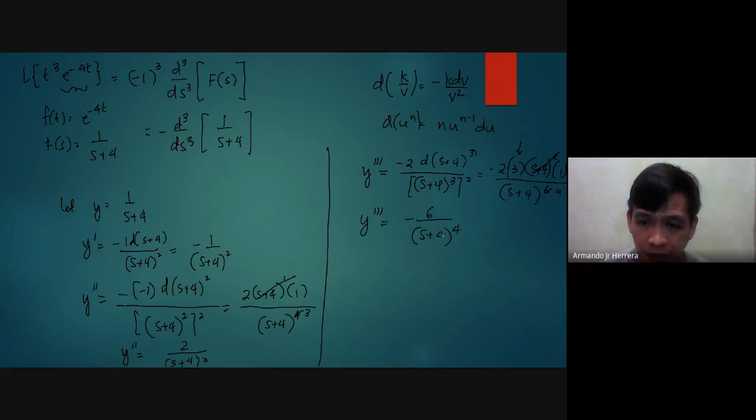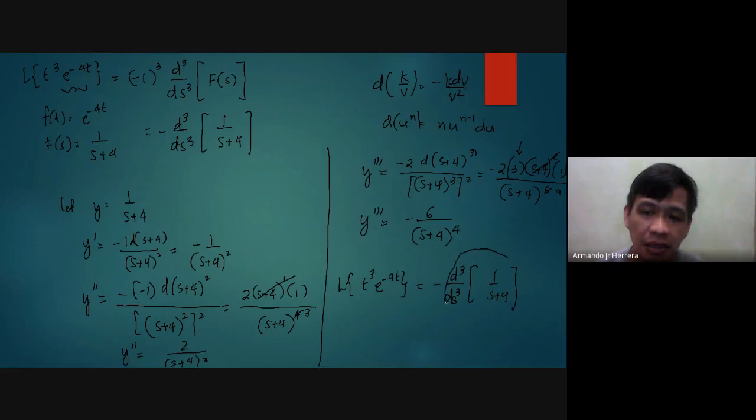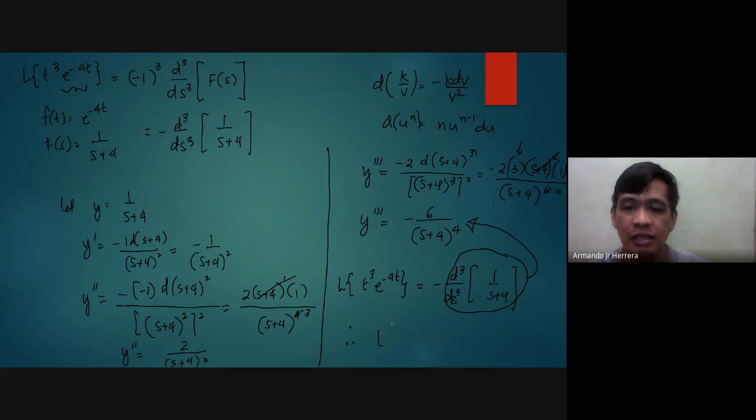Then again, since the Laplace transform of t cubed e to the minus 4t is negative the third derivative of that function with respect to s, 1 over s plus 4, and this derivative is that, therefore the Laplace transform of t cubed e to the minus 4t is simply the negative of that negative, which is 6 over s plus 4 to the fourth power.